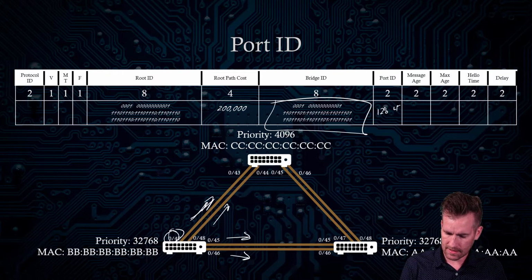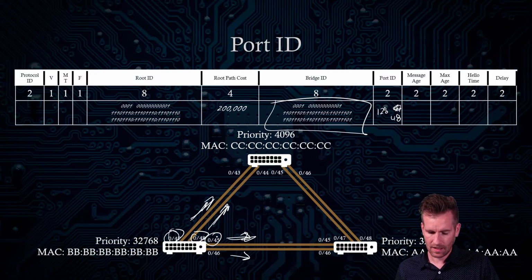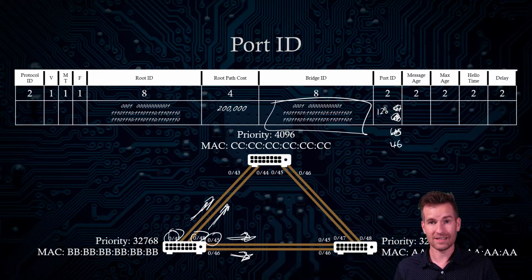Somehow this gets translated into a port number. We're just going to say 47. What's being sent out on this next one is 48, so instead of 47, it will be 48. And what's sent out on this one right here is going to be the priority plus 45. And then whatever is sent out on this last link is going to be 46. So that's what gets sent out.